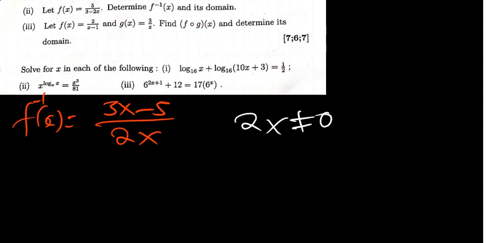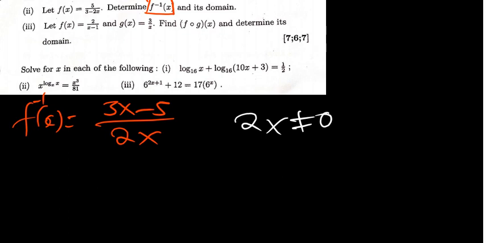Yes, sir. We're finding the domain of the inverse, not the original function. Yes, they are saying let f of x be equal to the given function. The question is starting from here: determine the inverse of f of x and its domain. So they want the domain for the inverse of this function.